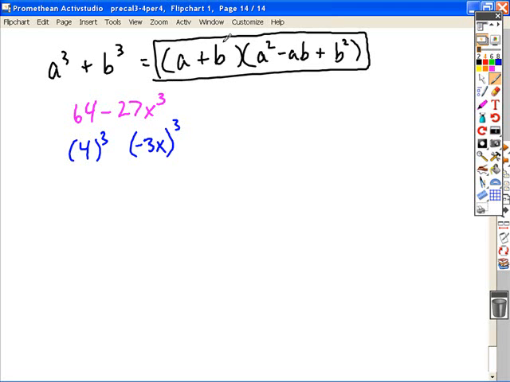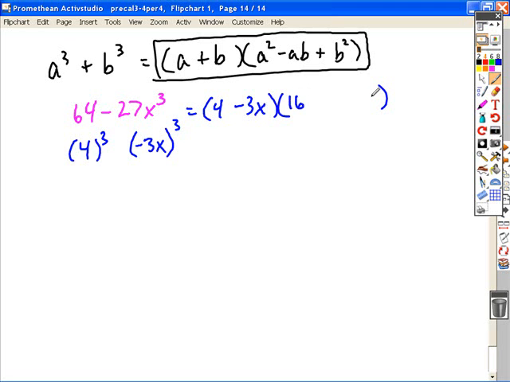You only need to memorize this one form even though you can find two different forms for it. But when you factor this sum or difference of cubes, you're just going to take the sum of the bases, so 4 plus a negative 3x. And then your second factor is going to be the first base squared, so 4 squared is 16.